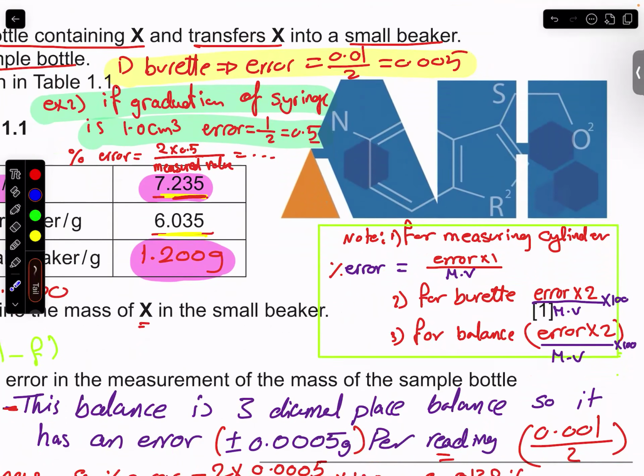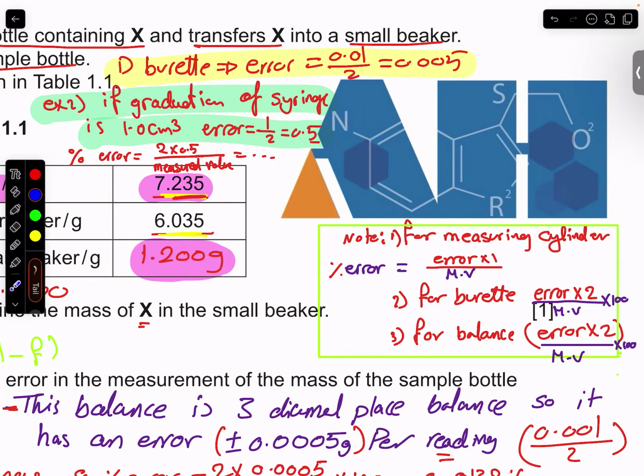But in the case of, for example, a measuring cylinder, we take the reading 1 time. So we multiply the error by 1. If the error of the measuring cylinder is 1, we multiply it only by 1, divided by the reading.